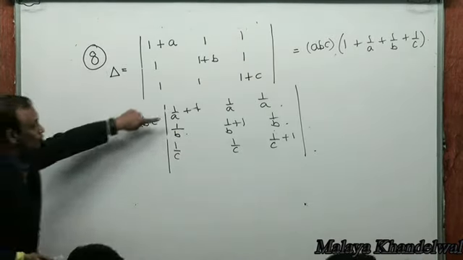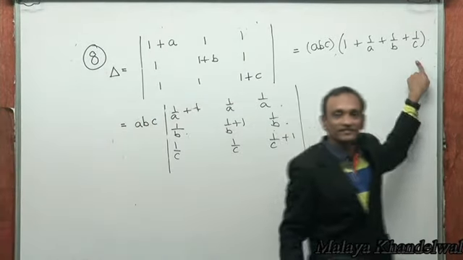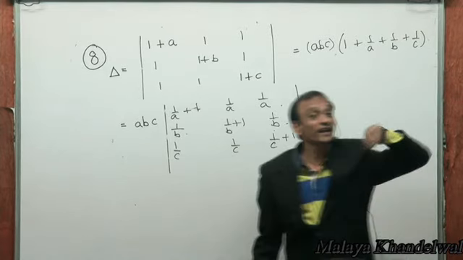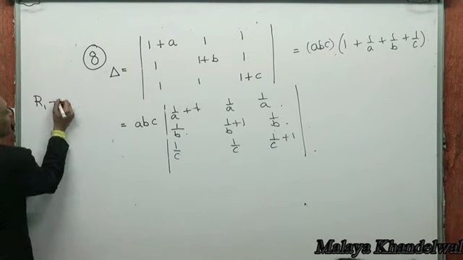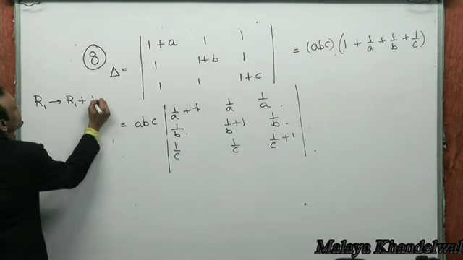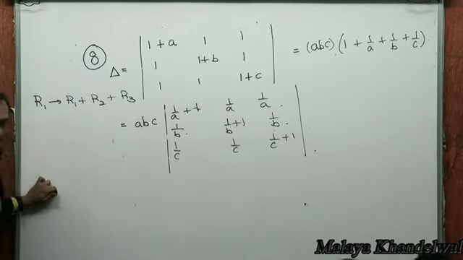Now to row 1, if you add row 2 and row 3, you get this number, right? So another level of cheating. So row 1, I do a row 1 plus row 2 plus row 3. This is what I do.